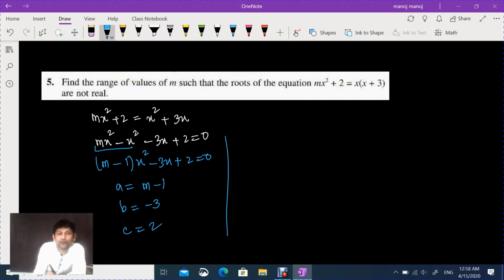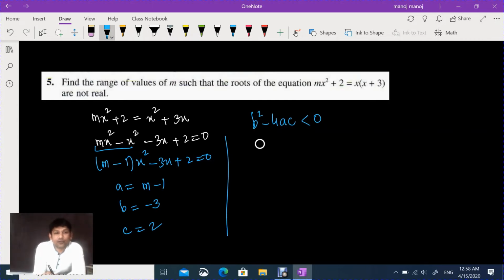Now you can substitute the values, because the roots of the equation are not real. Not real means b² − 4ac less than 0. Not real roots: less than 0. Equal roots, and distinct real roots, and only real roots is greater than or equal to 0.